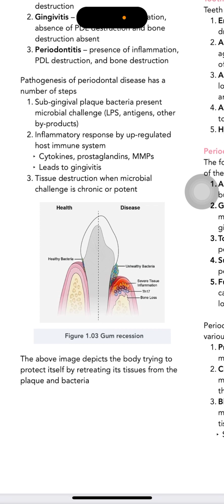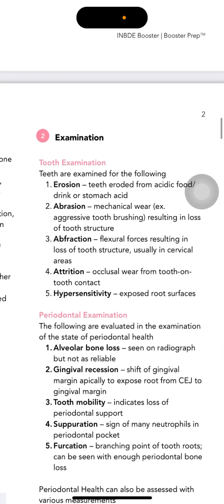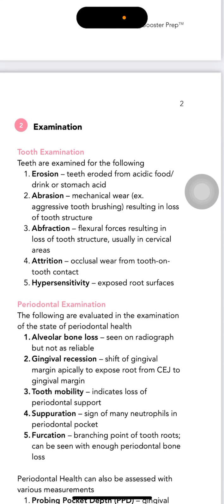Gum recession. The above image depicts the body trying to protect itself by retreating its tissues from the plaque and bacteria. Examination. Tooth examination. Teeth are examined for the following: erosion, where teeth are eroded by acidic food, drink, or stomach acid.